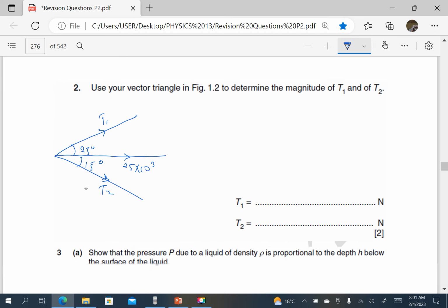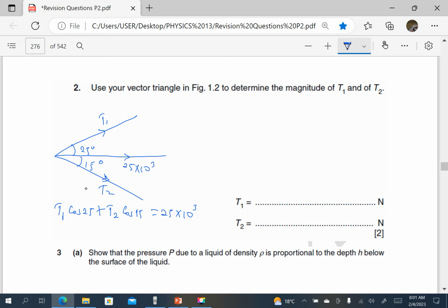So when I resolve in the horizontal, T1 in the horizontal will be T1 cos 25, plus T2 in the horizontal, T2 cos 15. The resultant of these in the horizontal is 25 times 10 power 3.